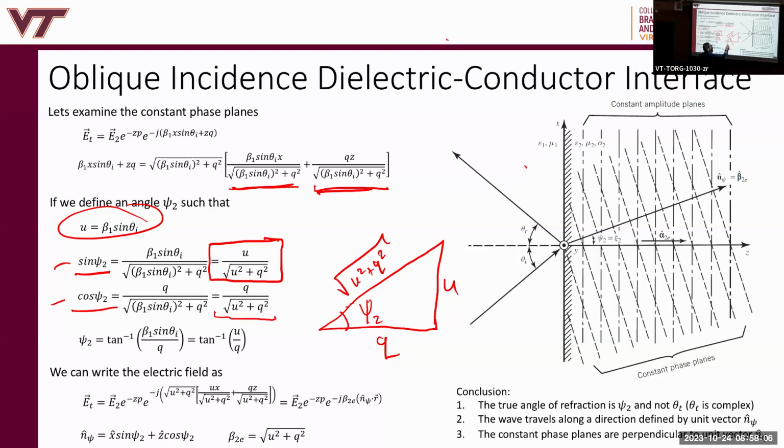The opposite side is U, the adjacent side is Q, and the hypotenuse is the square root of U squared plus Q squared by Pythagoras. That's sine of psi, opposite over hypotenuse. So psi 2 is nothing but the inverse tangent of U over Q. That's the transmission angle, psi 2.